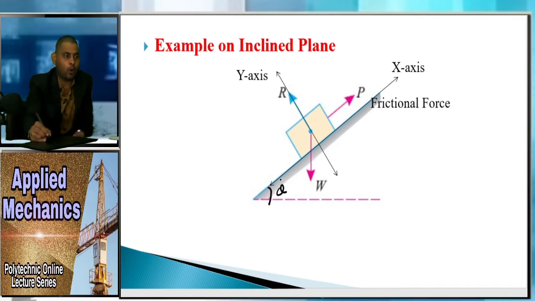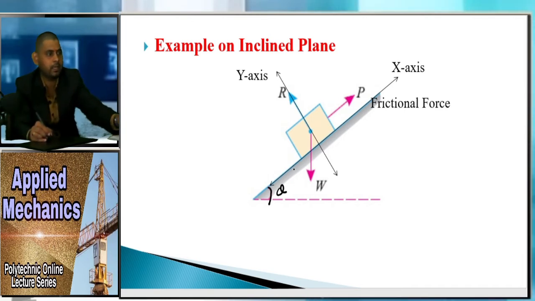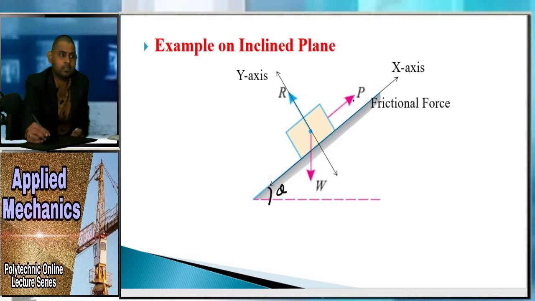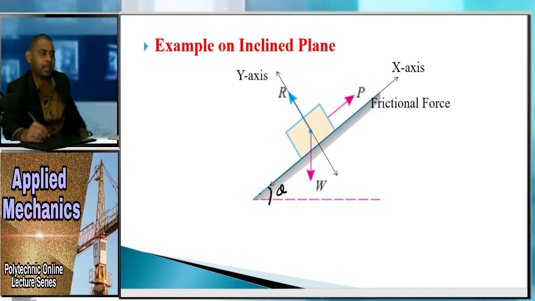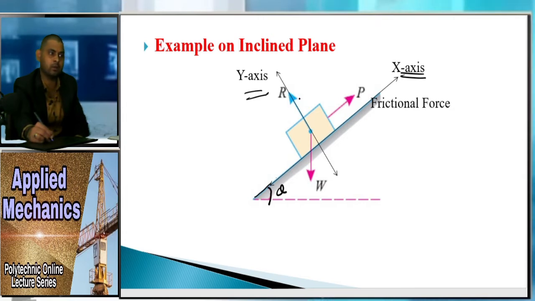This body is on the inclined plane and this force is horizontal. The inclined plane is taken as the x-axis, and this is the y-axis. On the y-axis you have the normal reaction, and your weight is always towards the downward direction.